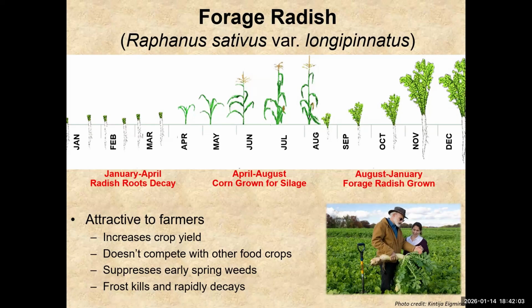So for our particular research, we thought, can we possibly obtain another benefit from this radish crop by harvesting the above ground biomass prior to this radish winter killing and using it as a co-feedstock in our dairy digester to increase biogas production? And through our research, we discovered, yes, we could. So yes, adding radish to our manure-based digester increased our biogas production.